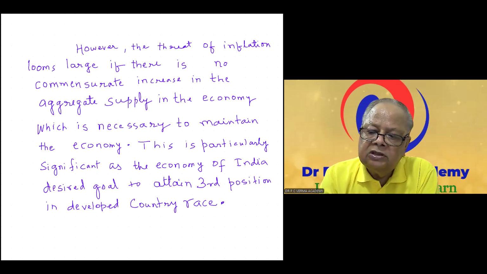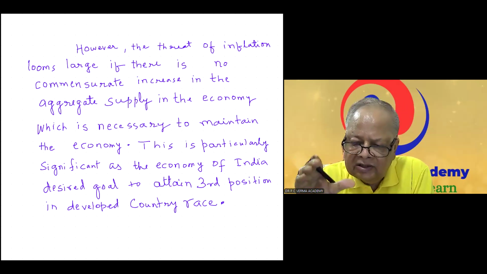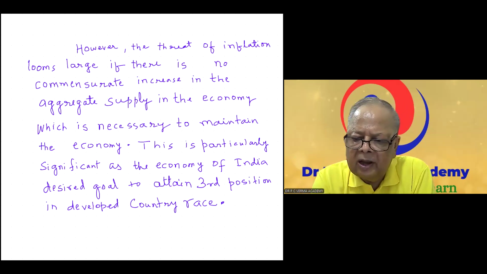There is always an adjustment between demand and supply. Demand and supply is the basic thing in the economy for inflation. If demand for any commodity is high and there is less supply, the price will rise.